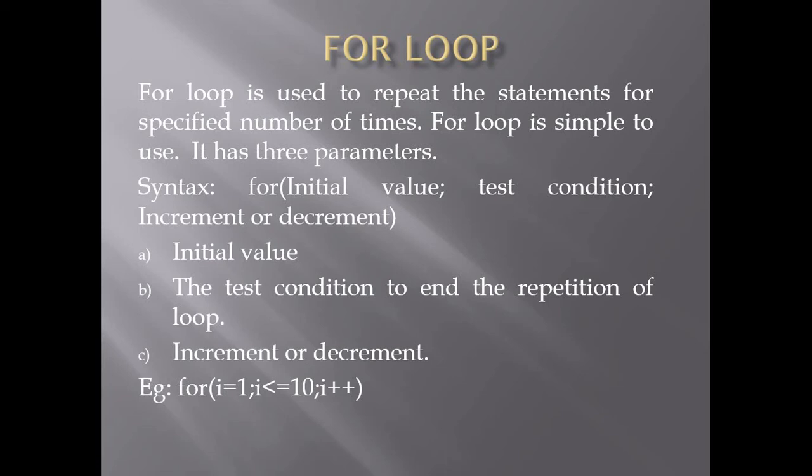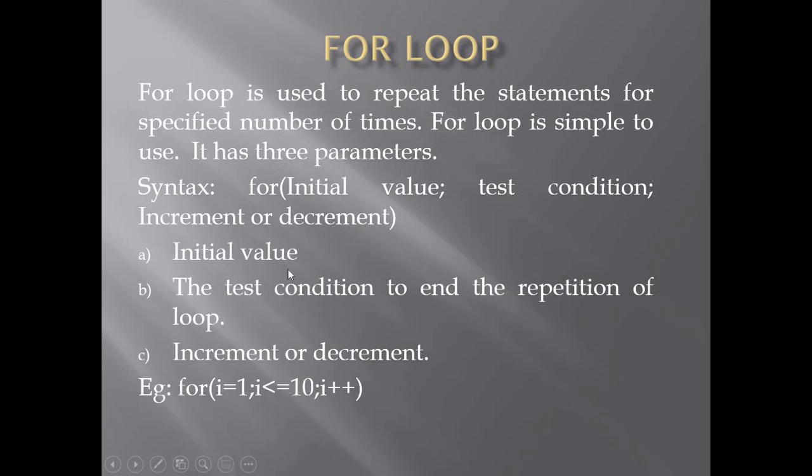The second parameter we have here is the test condition. This test condition is used to decide whether to repeat the execution of the statements or to end the repetition of the loop. The third parameter we have is increment or decrement.